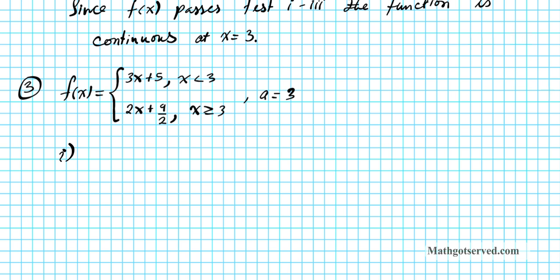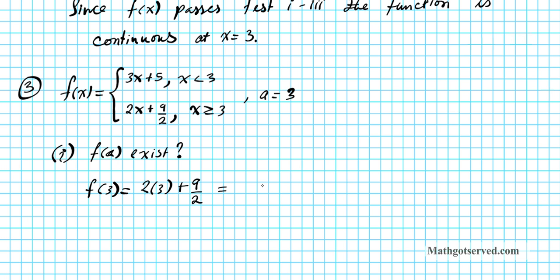All right, test 1. Does f of a exist? That's the first test. At x equals a, which is 3, this is the function in play because of this inclusive mark right here for x. So when x equals 3, f of 3 is equal to 2 times 3 plus 9 over 2.